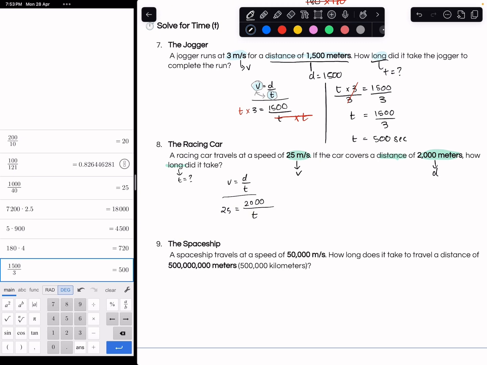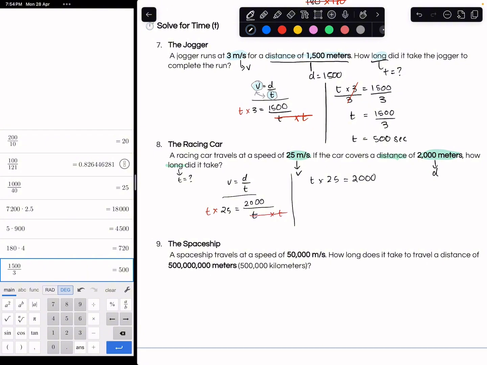I need T all by itself. So I'm going to try and move it to this side of the equal sign. The opposite of divide by T, because it's currently being divided by T, is times by T. So I'm going to times this side by T to cancel it out. Then, because I've timesed T on one side, I have to times it by T on the other side. So now what I'm left with is T times 25 equals 2,000.